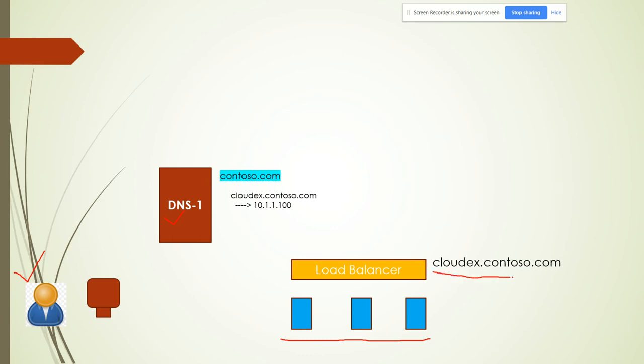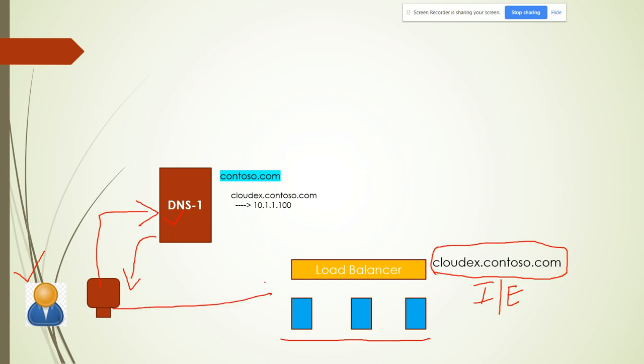The load balancer name is cloudx.contoso.com, and this load balancer is accessible from inside the organization and for external users as well. So the user sitting in the organization has the preferred DNS information of who is actually hosting this zone information. So it will talk to this server, resolve the name and respond, and this client will communicate to the load balancer.